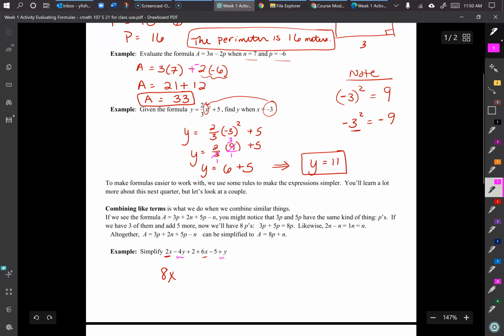It's up to you. And plus a y, so that's going to give me a minus 3y. And then the last piece here, I have my constants. Plus 2 minus 5 is going to give me a plus negative 3, or you could just say subtract 3 or minus 3. Any of those ways to say it is totally fine.